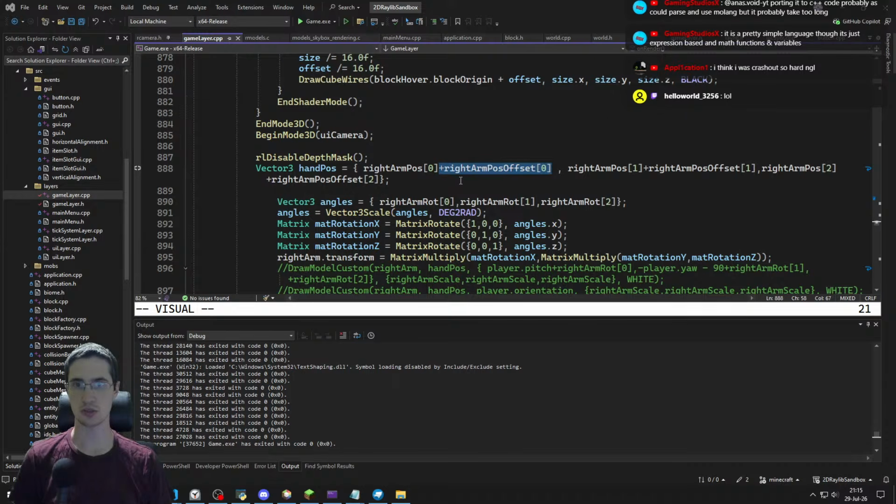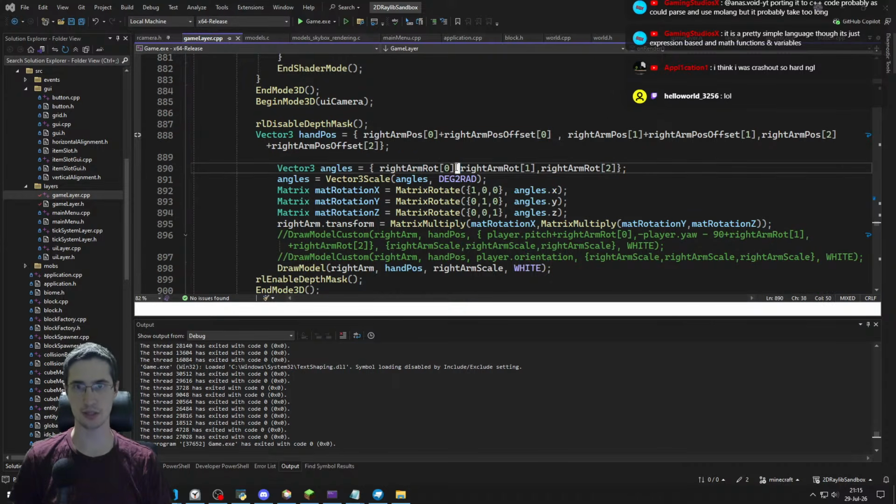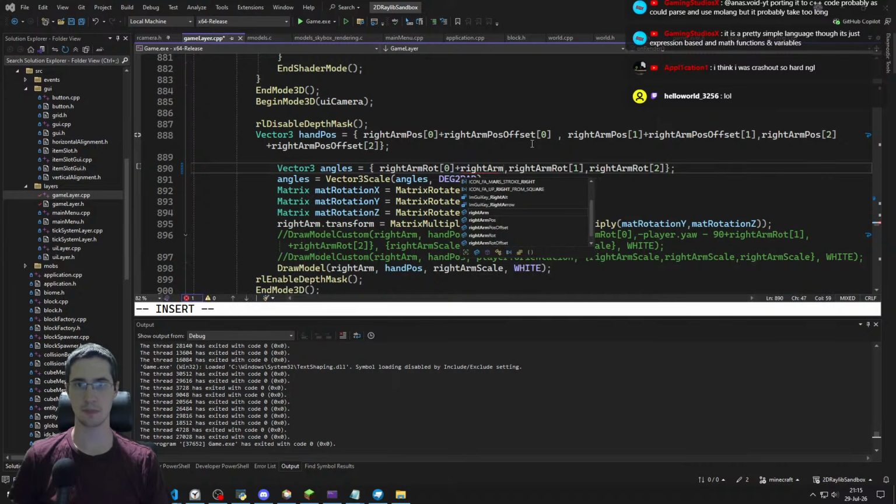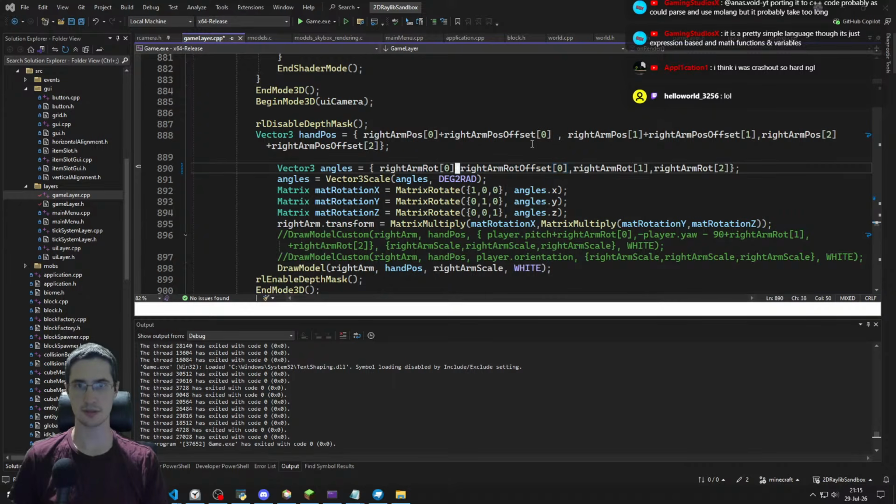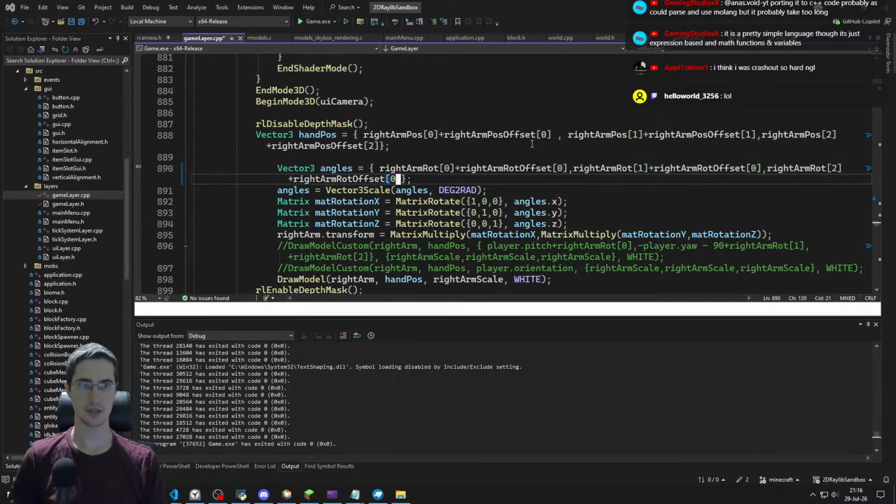Let's do the rotation offset. These are the angles, so here we'll add right arm rotation offset 0. Okay, we have the rotation offset and the position offset.